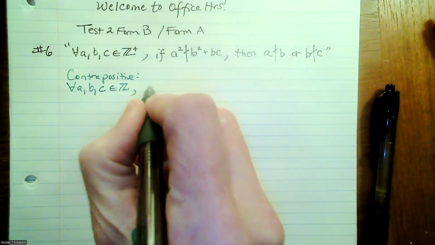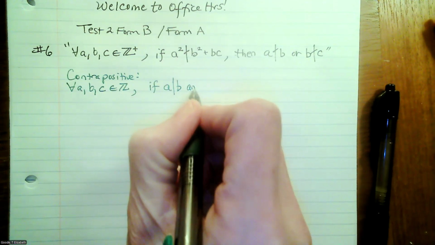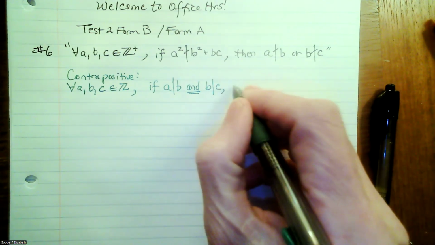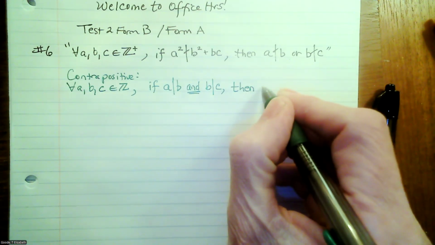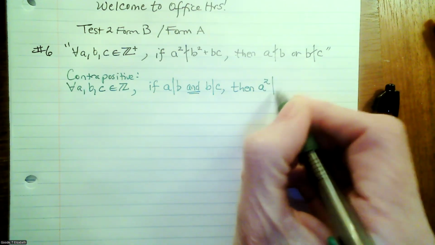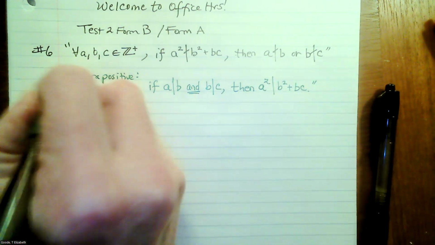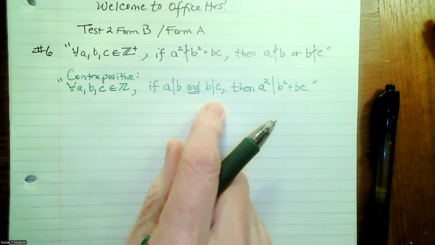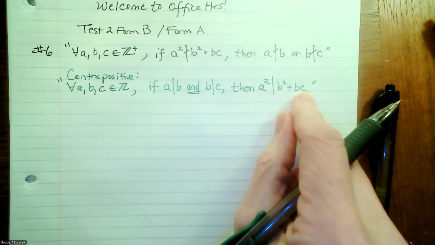So if A divides B and B divides C, then A squared divides B squared plus BC. You'll need them both. And with both of these pieces of hypothesis, you will get enough proof money to prove this.